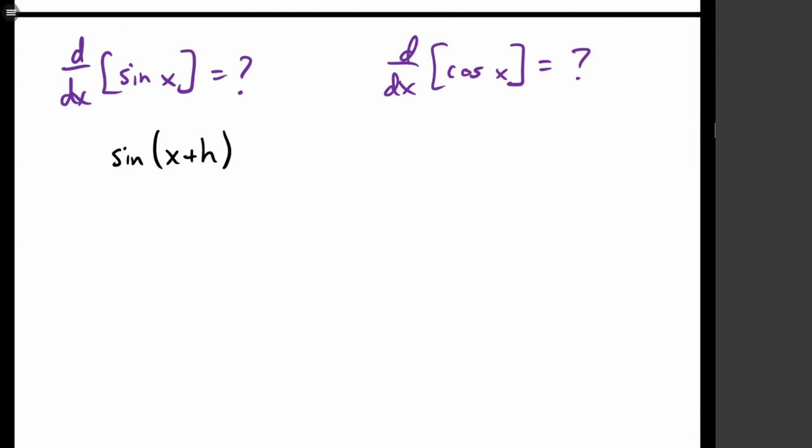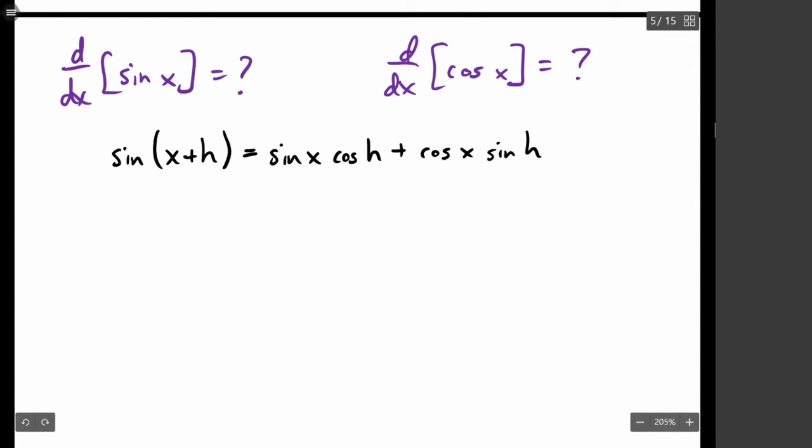This thing here, it turns out that this is equal to sine of x cosine of h plus cosine of x sine of h. Sorry, I was getting that a little backwards. So this is the formula for sine of x plus h.